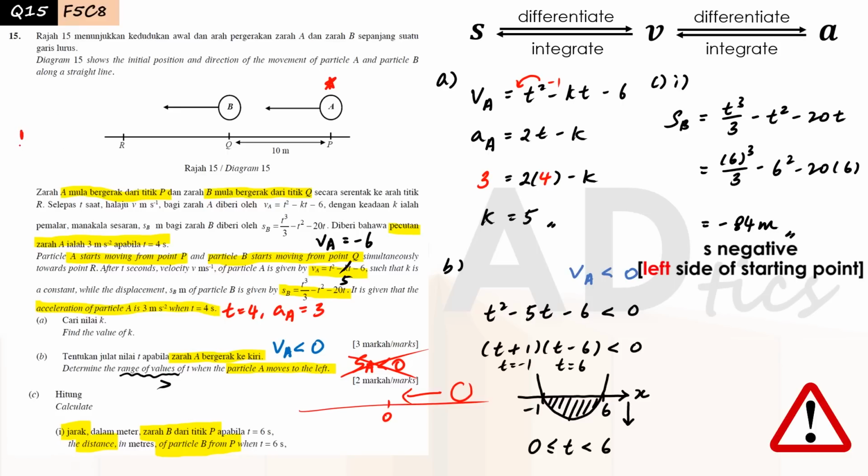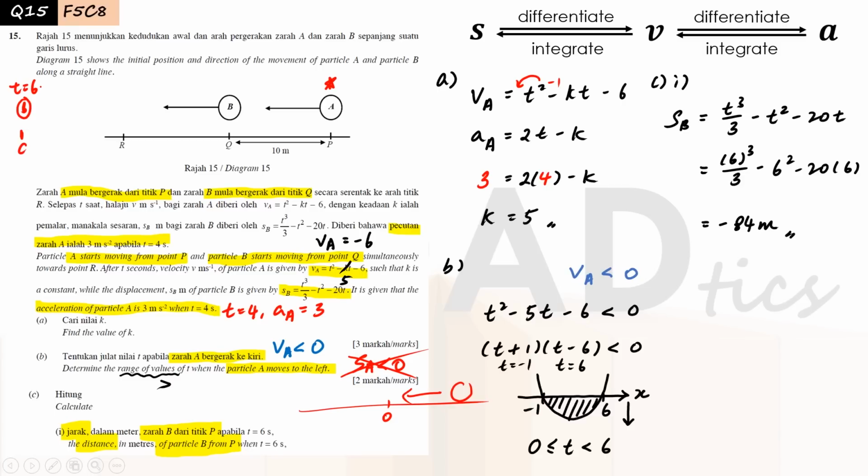Let's say this is point C, and this is where particle B is at when t equals 6. Here it says 84 meters, which means from point C until point Q, because it uses Q as the starting point, this distance is 84.